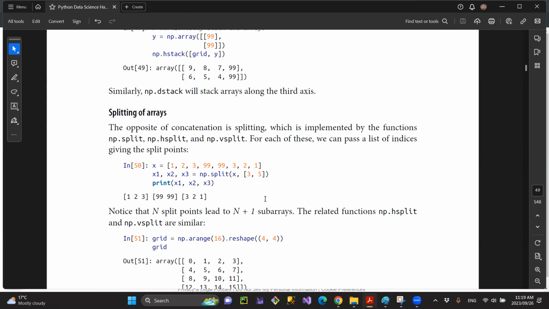Okay, let's split this into two parts. First, I want to make sure we got the concept. Yes, everybody? Now let's go further and understand what those indices mean. The first index is 3. It means 0, 1, 2, but not 3, so that's the first box. Then 3, 4, but not 5, so it's 3 and 5.